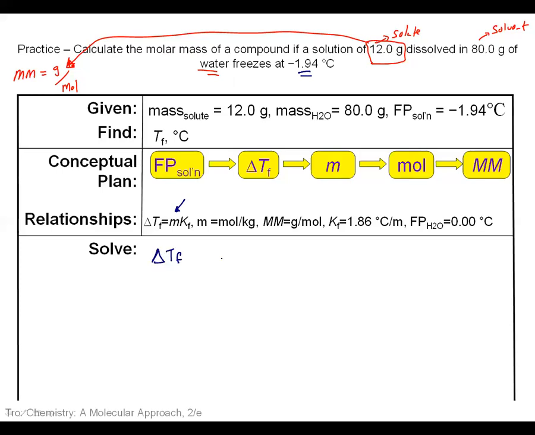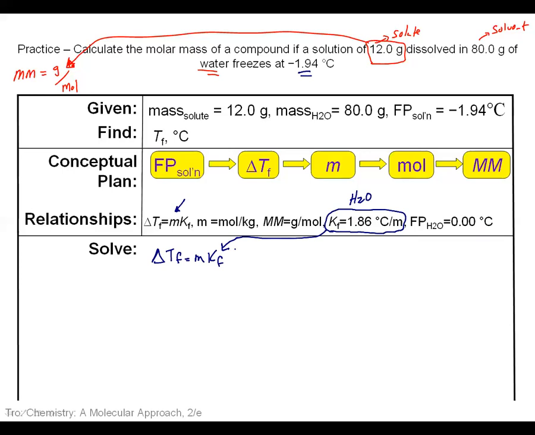Now, we're going to look up the freezing point constant, and this is going to be for water, which is our solvent. When you're using these formulas, you want to make sure that you look up the solvent. You're not going to be able to find the actual solution in those tables. It is just based on the solvent.